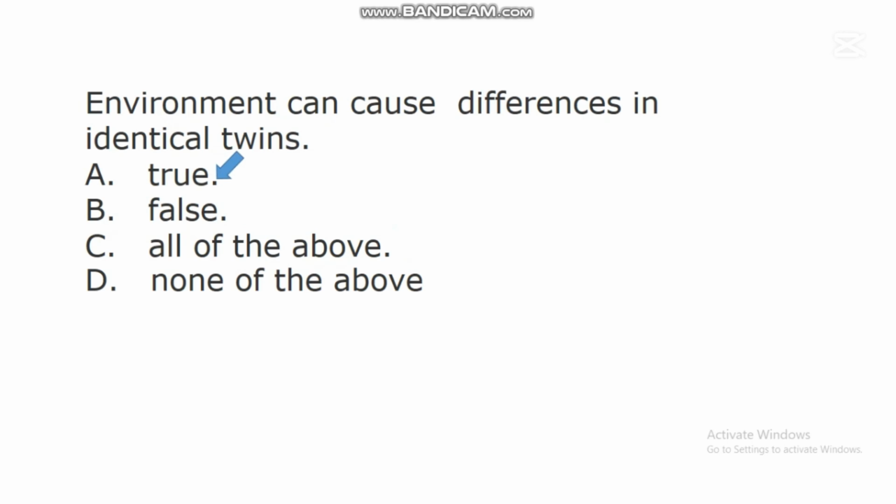Studies have shown that identical twins have identical genes or similar genetic makeup, but environment can still cause differences, especially in the physical appearance of these twins. When twins are raised in different environments, those environments can make or bring some differences between twins.